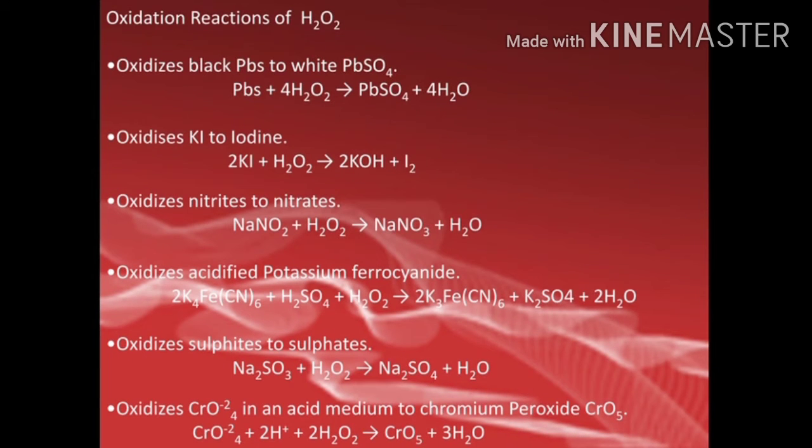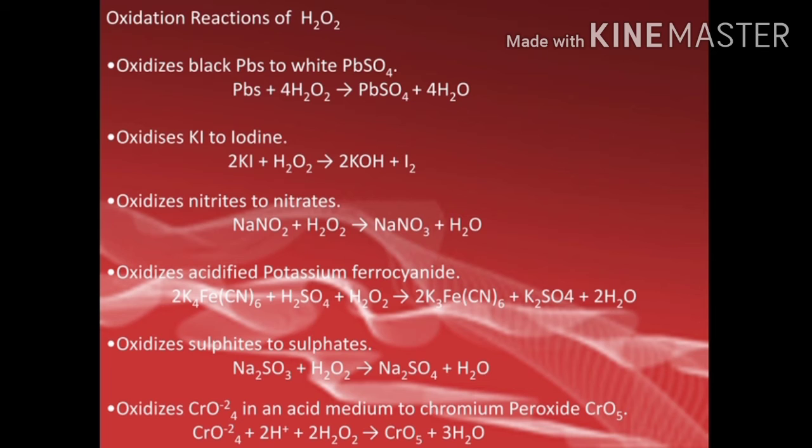Next topic, hydrogen peroxide oxidation reactions. Hydrogen peroxide is used as an oxidizing agent. Some examples: it oxidizes lead sulfide into lead sulfate. That means black lead sulfide is converted into white lead sulfate.